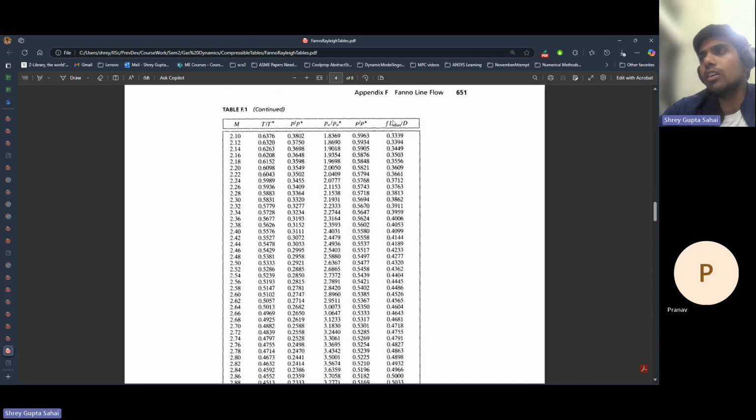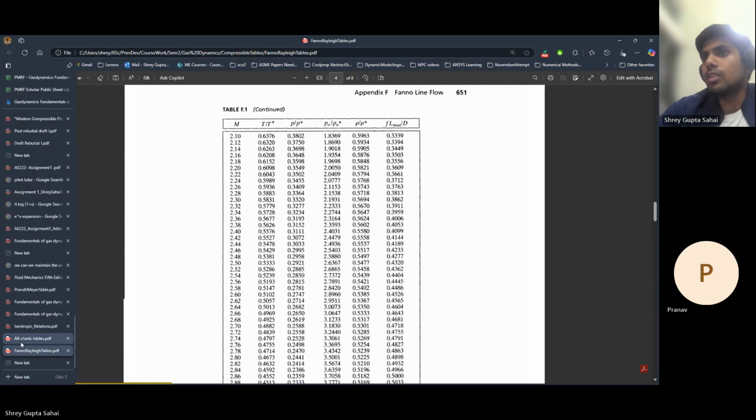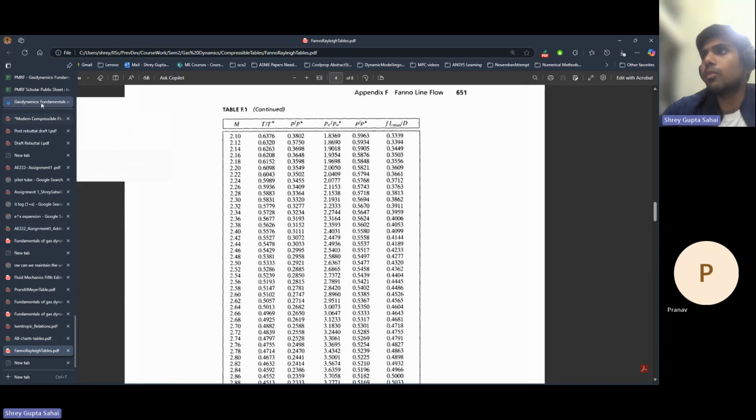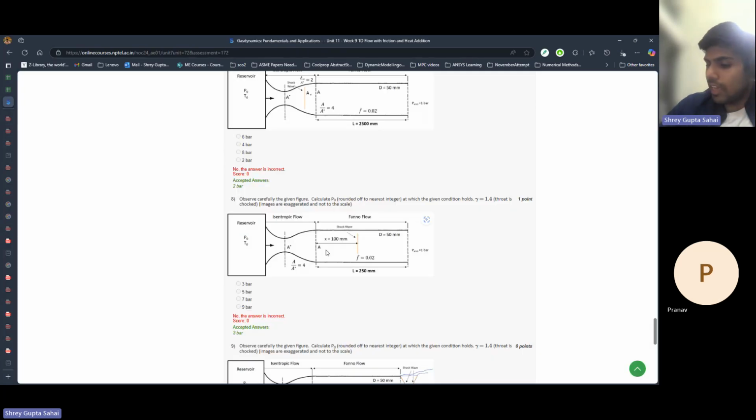So after the shock, or let's say, f delta L by D, right? So what is that value? This is 0.02 times 100 mm, which is 100 times 10 to the power minus 3, by 50 mm, again 10 to the power minus 3.